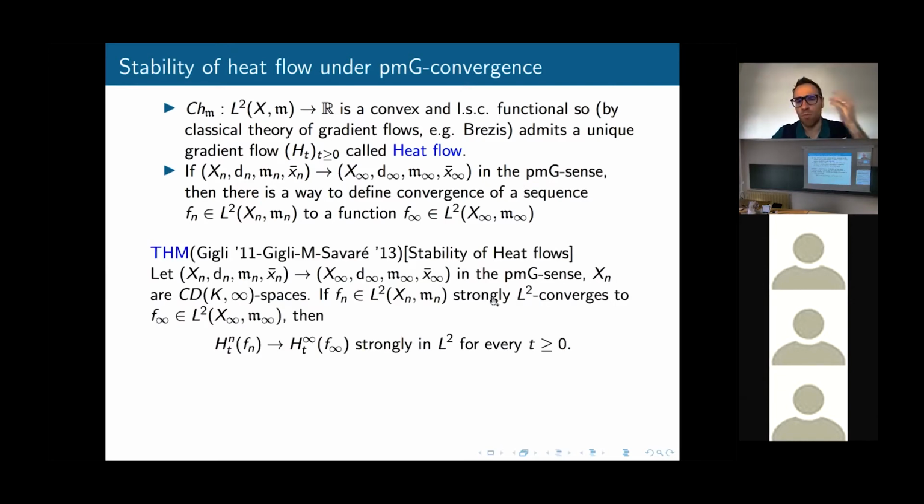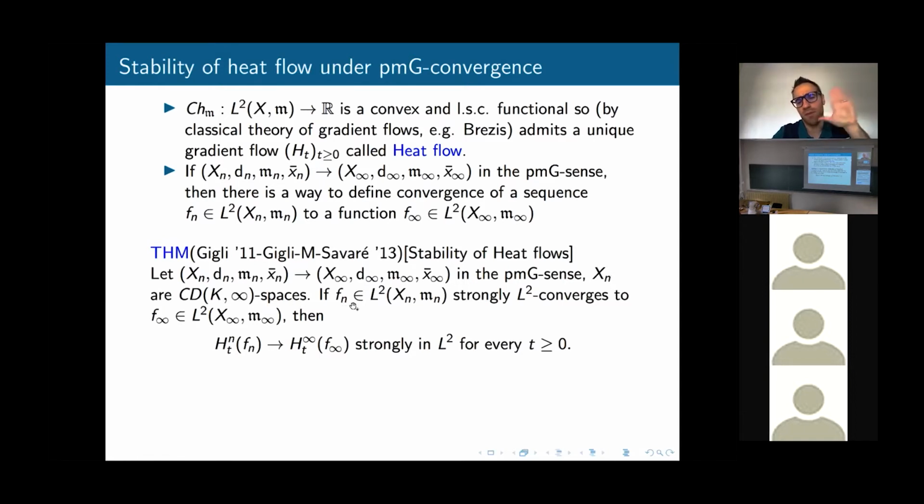Okay. Now, once one has this notion of convergence, an important result for the stability of the RCD condition is to study the stability of heat flows. So one can prove that if Xn is converging to X infinity in the pointed measure sense, and all these Xn's are CD K infinity spaces, okay, so this is the framework.